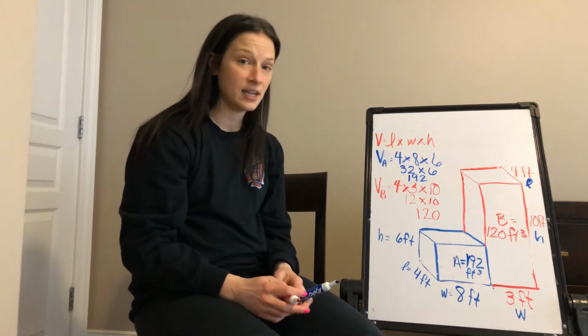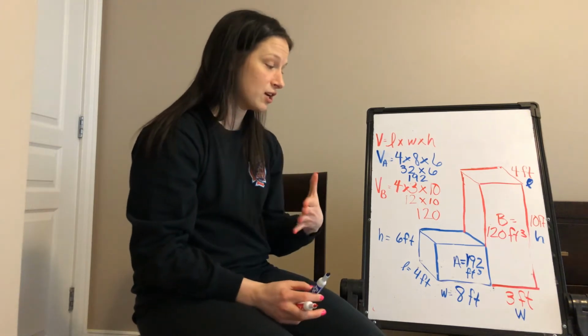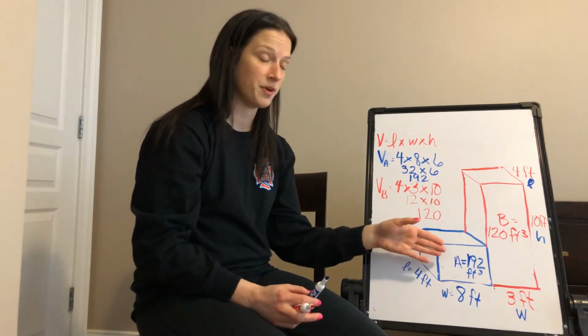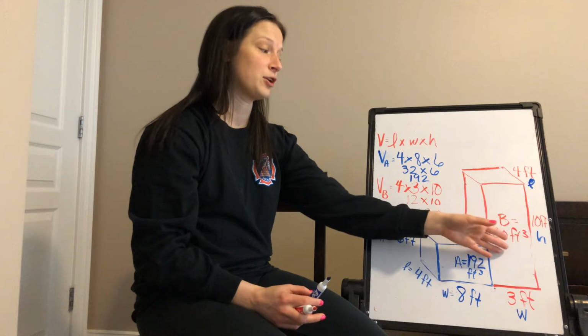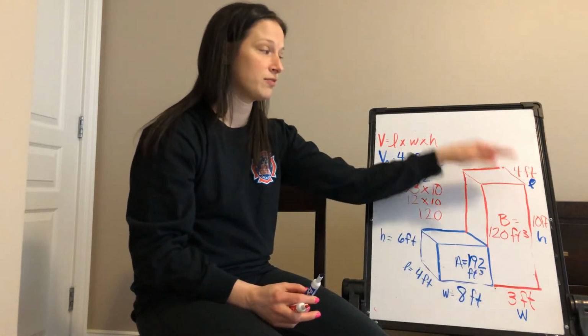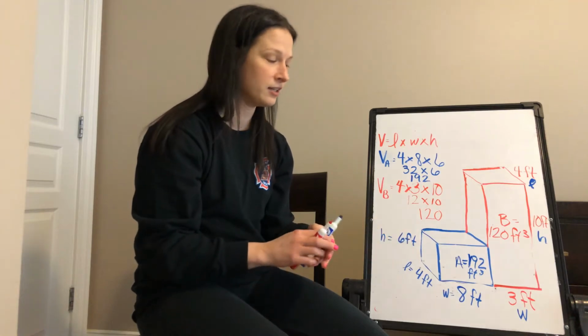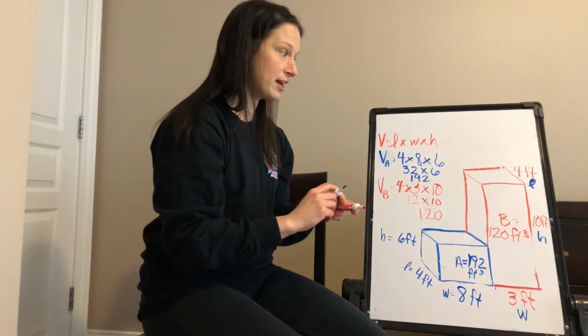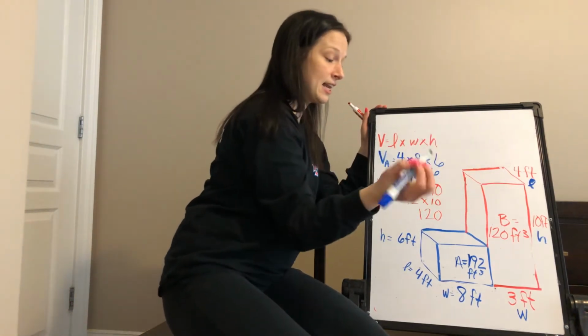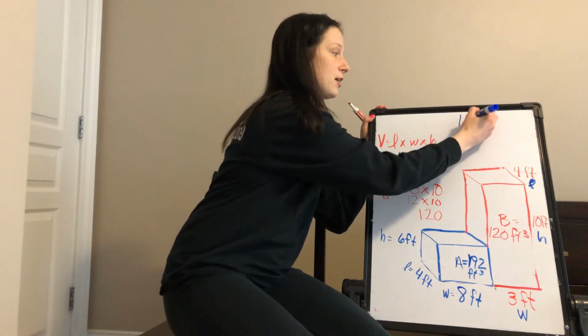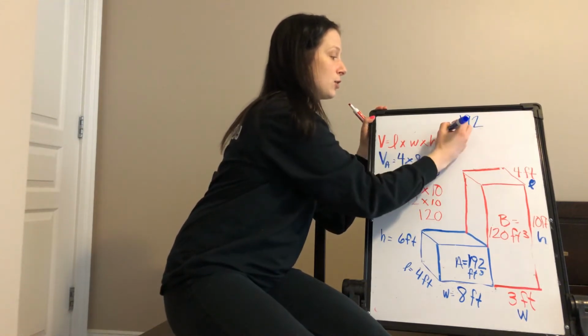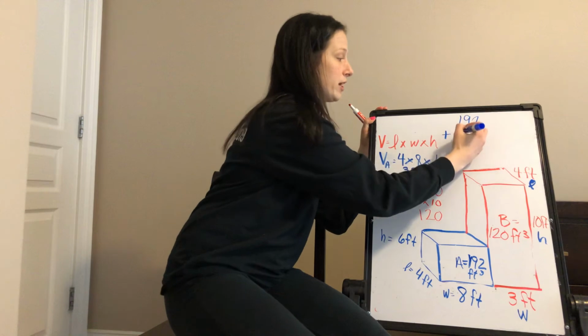But we're not done yet because all we've done so far is find the volume of A and the volume of B. The question's going to be, what is the volume of the entire irregular solid? And to do that, we have one last final step where we add A and B together. So you're going to take 192. You're going to combine it with 120.